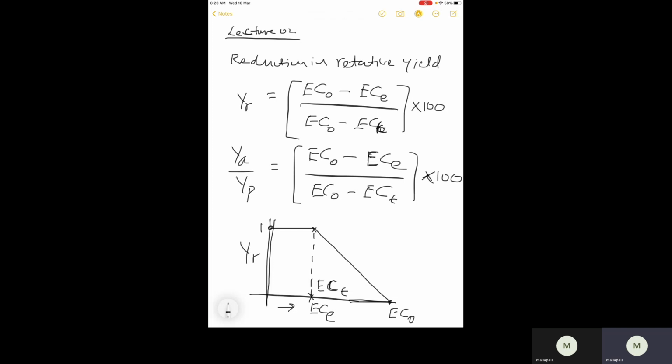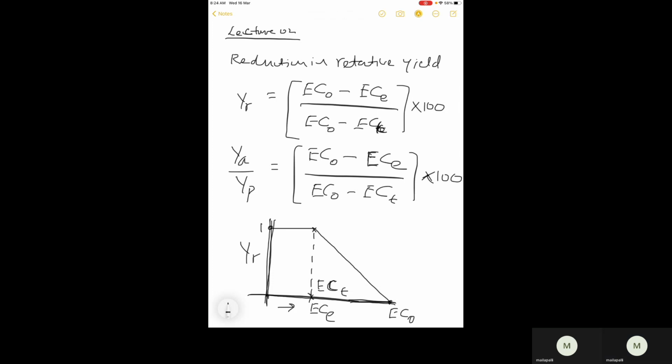So EC0 is the electrical conductivity at which the relative yield is going to be 0. That means the actual yield is 0, and then YR is equal to 0. So this equation clearly represents the effect of soil salinity on the yield.